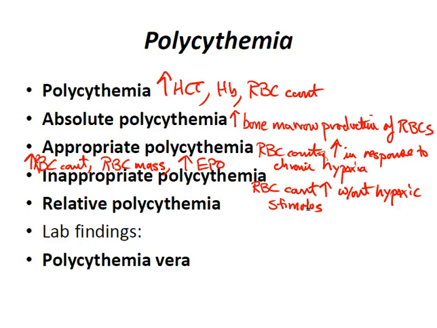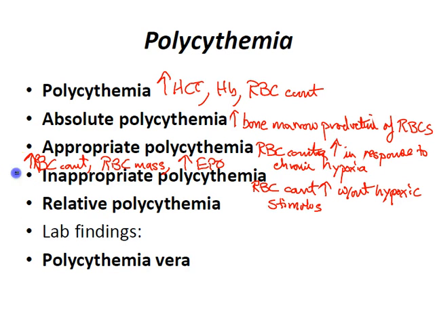So if you have no hypoxic stimulus, that means you're going to have a normal O2 saturation. So ectopic EPO production should increase the RBC production, which should increase the RBC mass and RBC count. But the normal O2 saturation distinguishes inappropriate from appropriate polycythemia. So it is all about the O2 saturation.